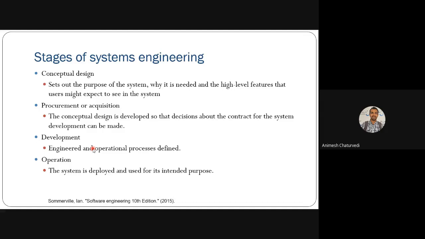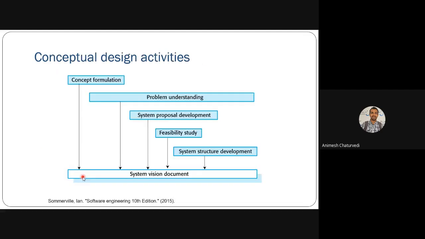So it depends on the domain you are working on. Engineering and operational properties depend on the system, and this operational and engineering work is done in development. Then the operations that the system must perform, deployed and developed, are intended under this process of operation.